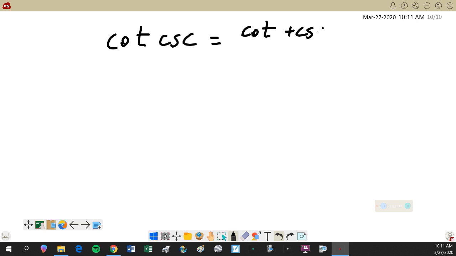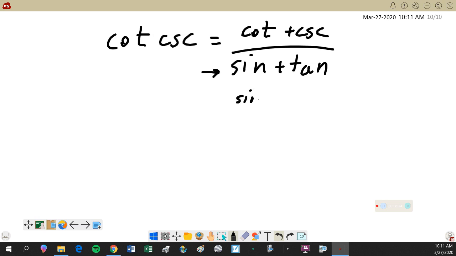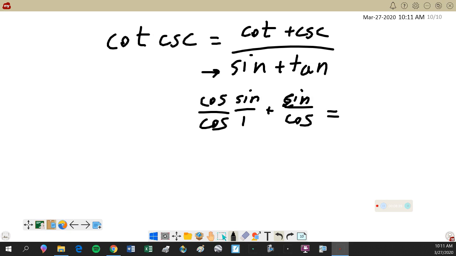Cotangent plus cosecant over sine plus tangent. Let's skip straight to common denominator here. So sine over 1 plus tangent, sine over cosine. I'm going to put a cosine over cosine on this side. And that's going to give me cosine sine plus sine over cosine.